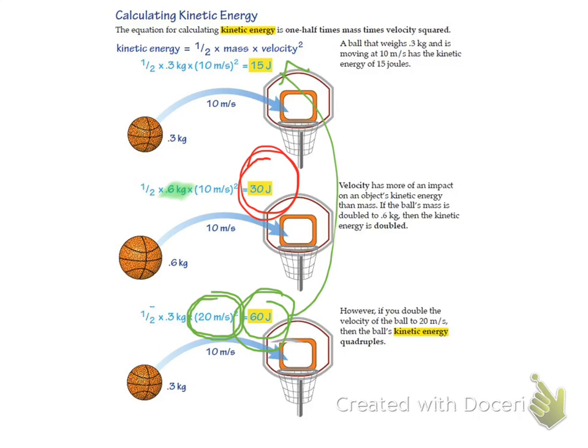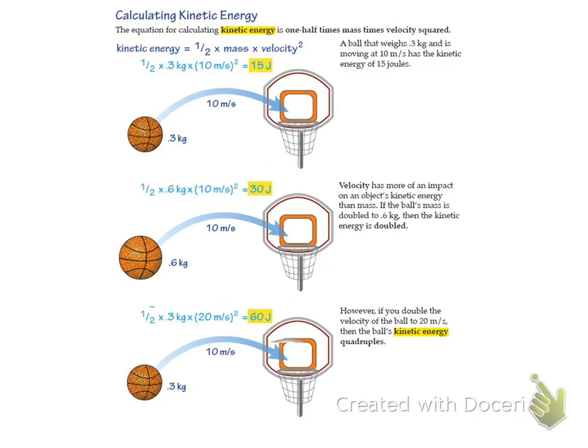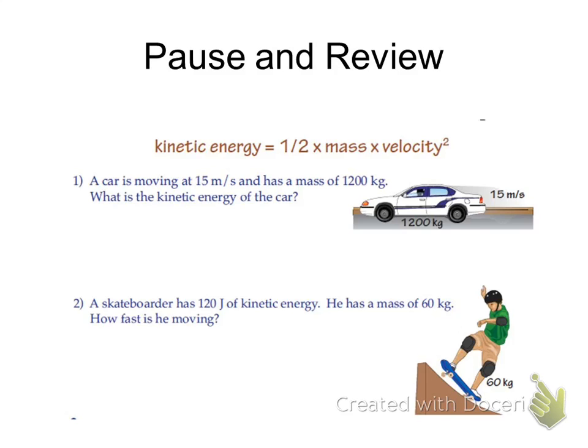It quadruples. Okay, so which one has the bigger impact, mass or velocity? Velocity. And you can see that right here. We doubled both. And you can see when we double velocity, it quadruples it, whereas when we double mass, it just doubles it.